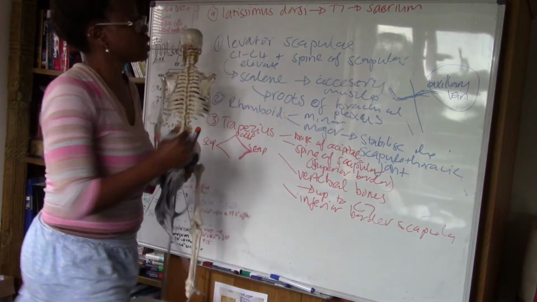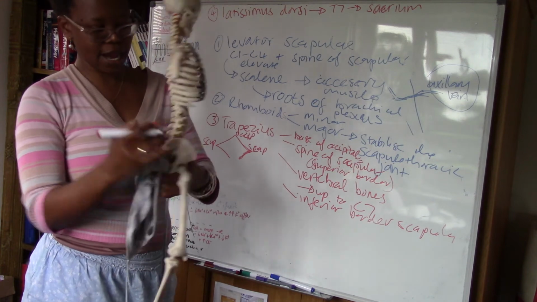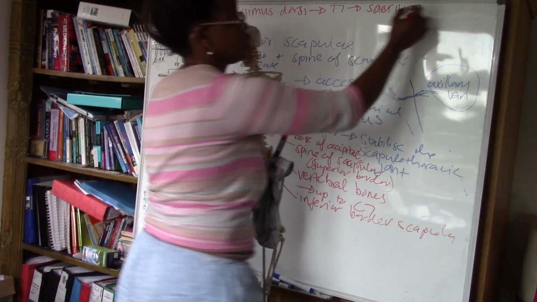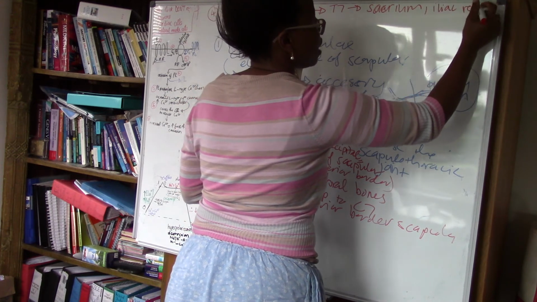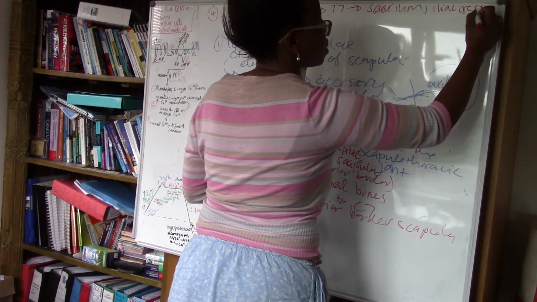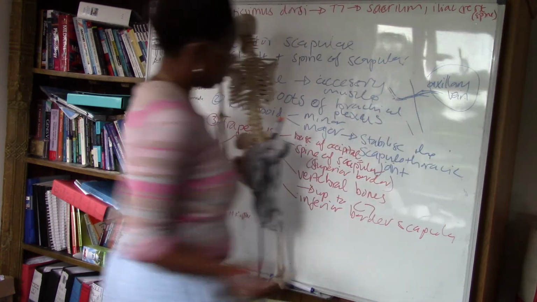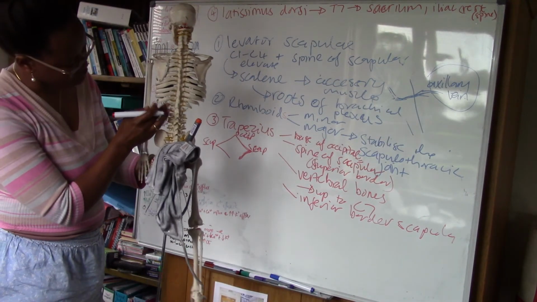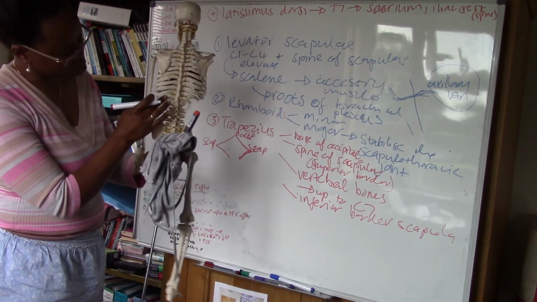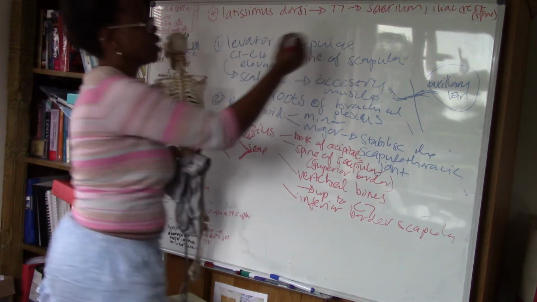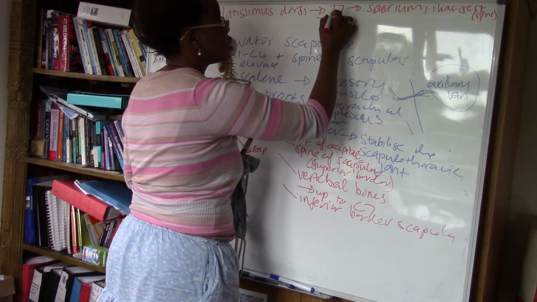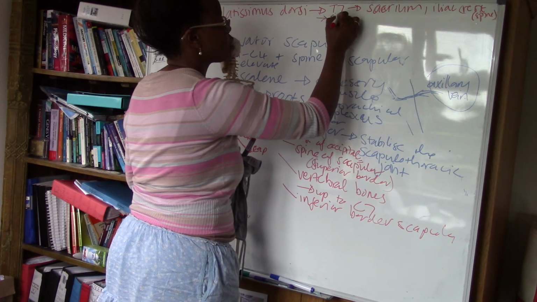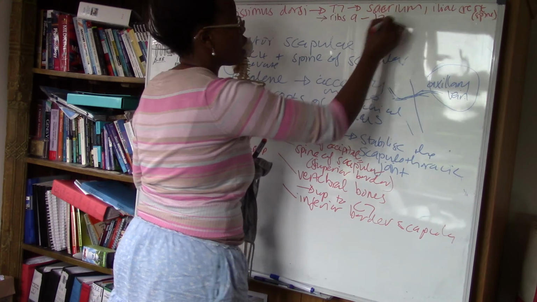And it also attaches at the iliac crest, at the spine really. And it will also attach onto ribs 9 to 12.